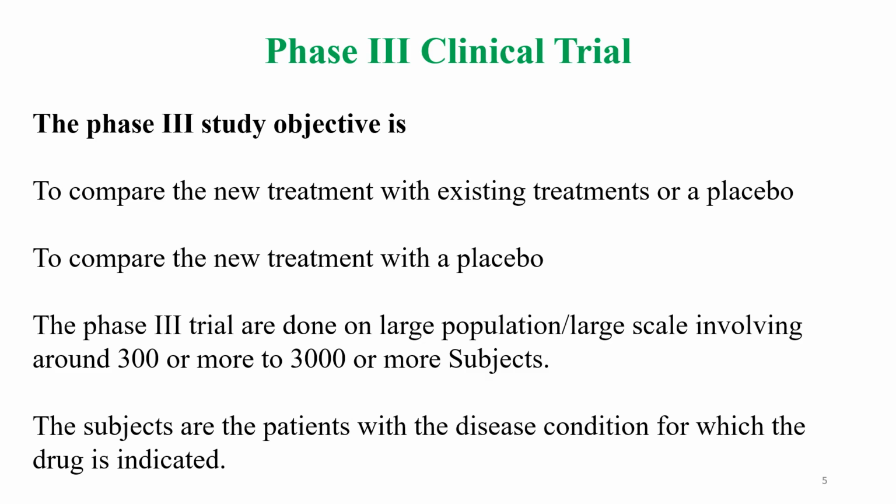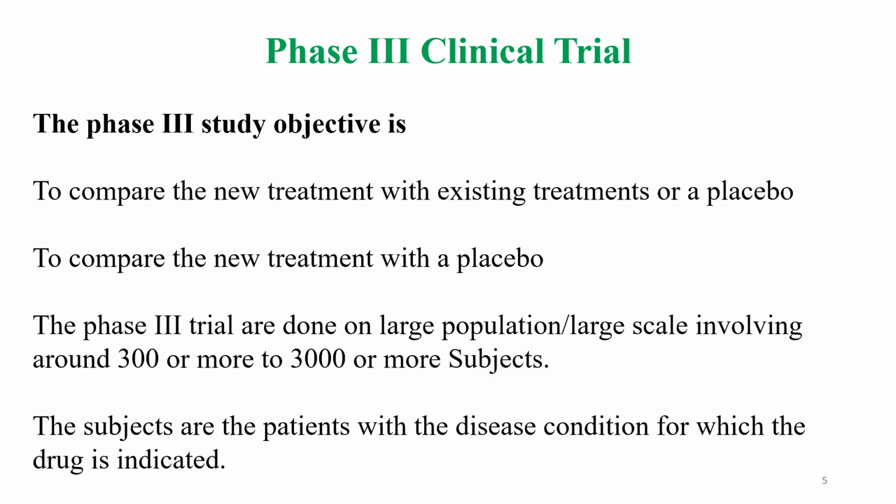Along with that, the existing treatment can be given and the placebo can be given, so that it can be clearly understood and demonstrated that the new drug has more effectiveness or fewer side effects, or is effective over the placebo. So these are the main objectives.